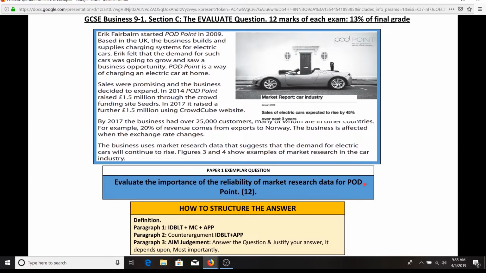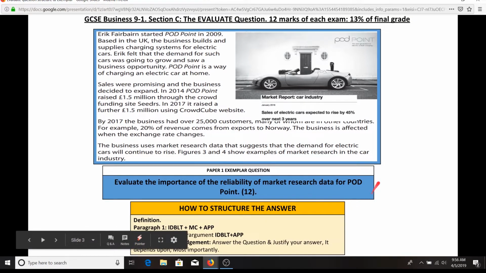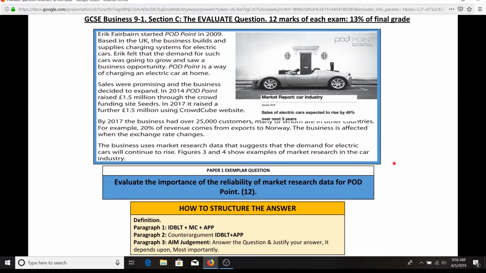Now, we've got the evaluate question here: evaluate the importance of the reliability of market research data for Pod Point. We can see that we've also got our structure down below here, so you've got to give that definition, run through paragraph 1, which is likely to be saying why market research and the reliability of that is so important, and then say in paragraph 2 why market research might not actually be so important.